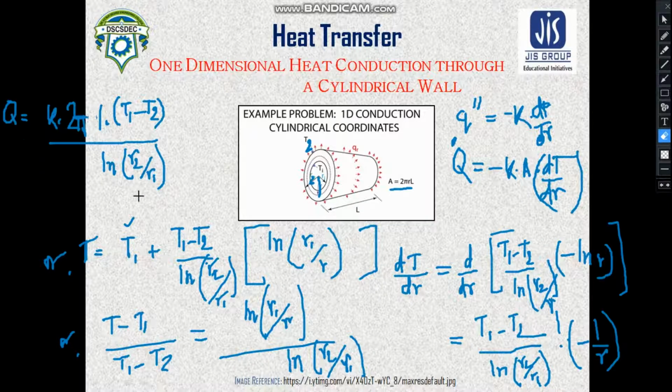So ultimately you find the heat transfer rate, which is defined by Q dot, is 2 pi KL. I would like to write this K here, and remove this K from here. So ultimately you find that this heat transfer rate is 2 pi KL into (T1 minus T2) divided by ln R2 by R1.